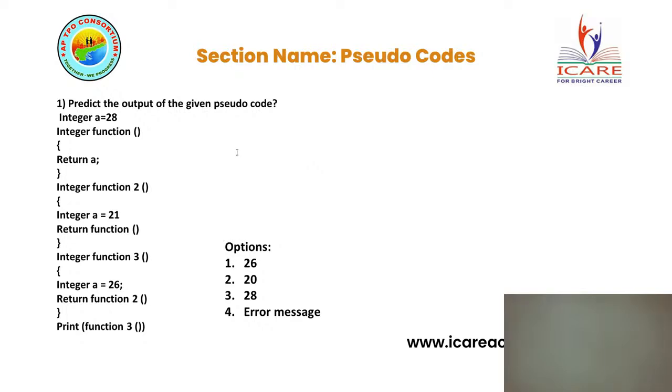So here in the first statement, integer a equal to 28. It means a is equal to 28.